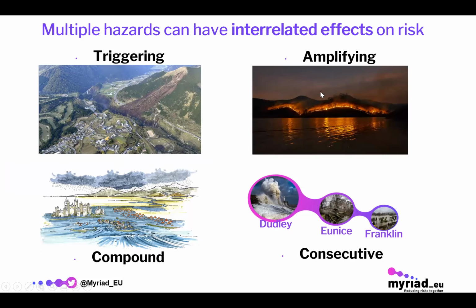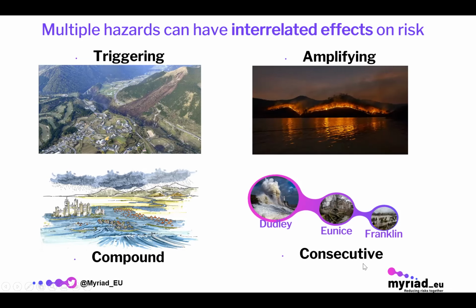We see them here. The amplifying effects, for example, heat and drought occur at the same time, which would amplify the chance of forest fires. These kinds of compound events. So here we see a compounded flood because we have this region being faced by both fluvial, river, and coastal flooding interacting at the same time, and also consecutive events.